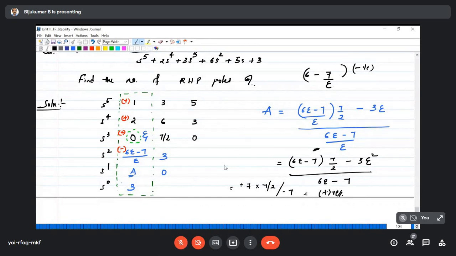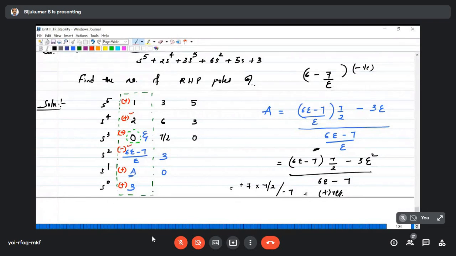So this becomes plus, this is already plus. So according to the rule, the entry above the epsilon has polarity plus, and the entry below the epsilon is negative.